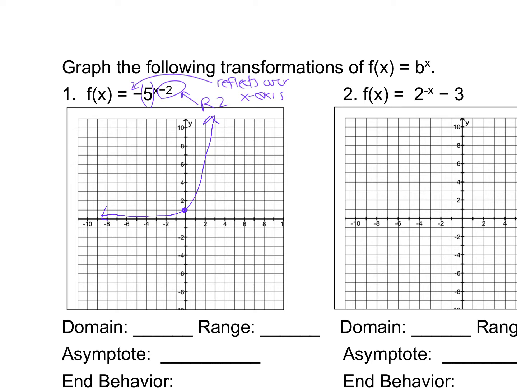Are we all okay with that? Yes. Then I have 2 transformations to be done to that. What are they? Reflect it and right 2. Which one gets done first? The reflection first, because it's like multiplying, okay?